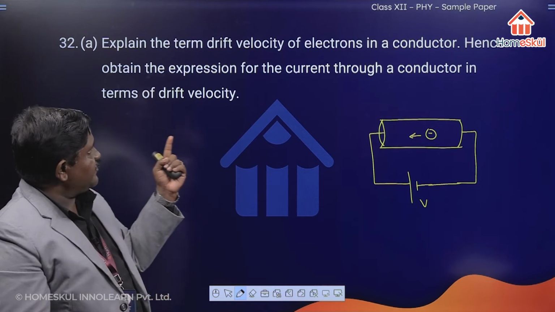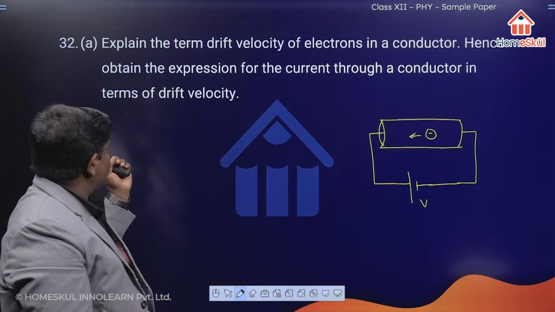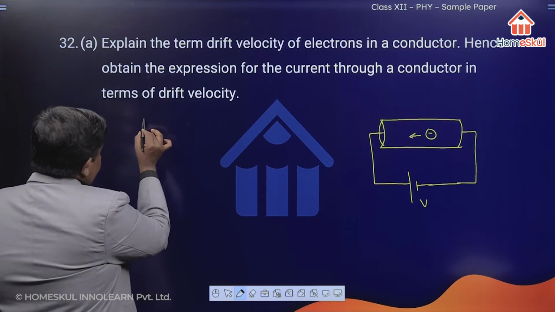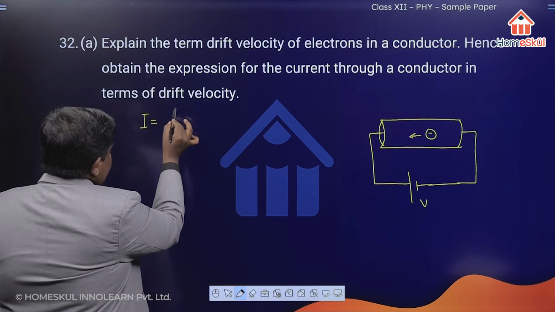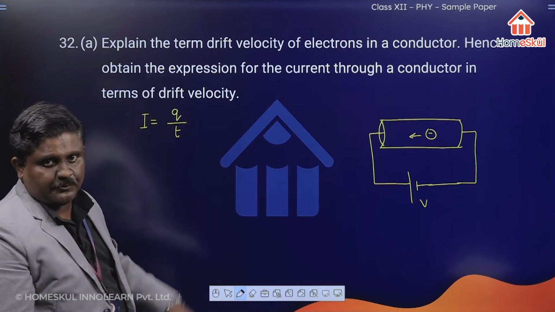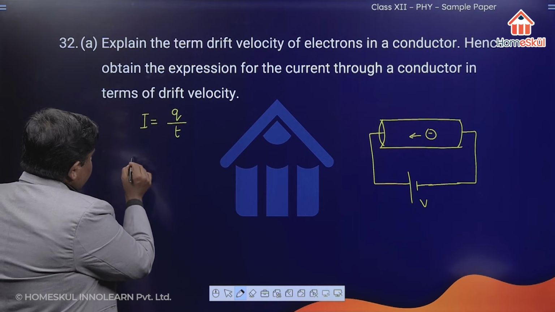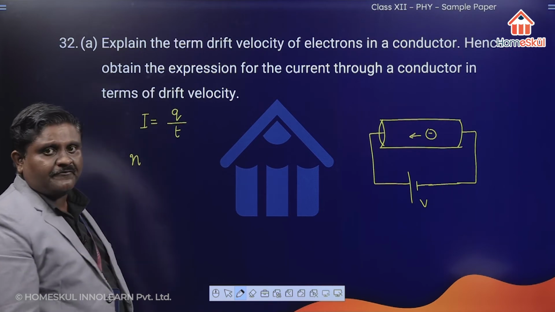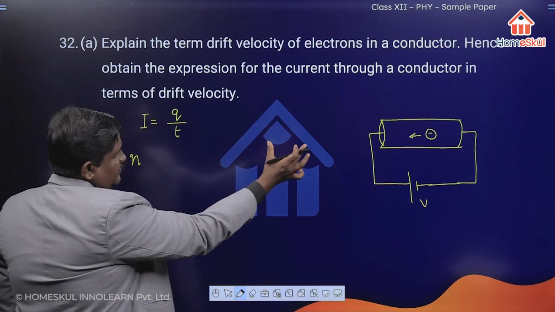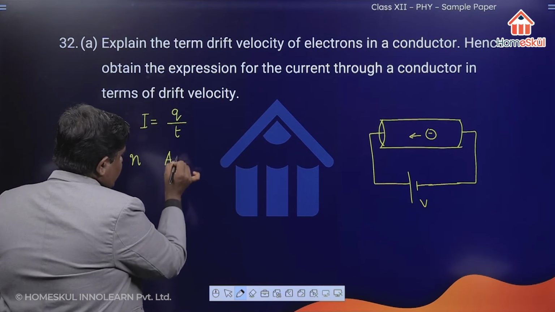Then hence obtain the expression for current through the conductor in terms of drift velocity. For that we have the equation for current I equal to Q by t. Here first we have to find out what is Q. Let small n be the number of electrons per unit volume of the conductor. If we assume the conductor is a cylinder, the volume is Al.